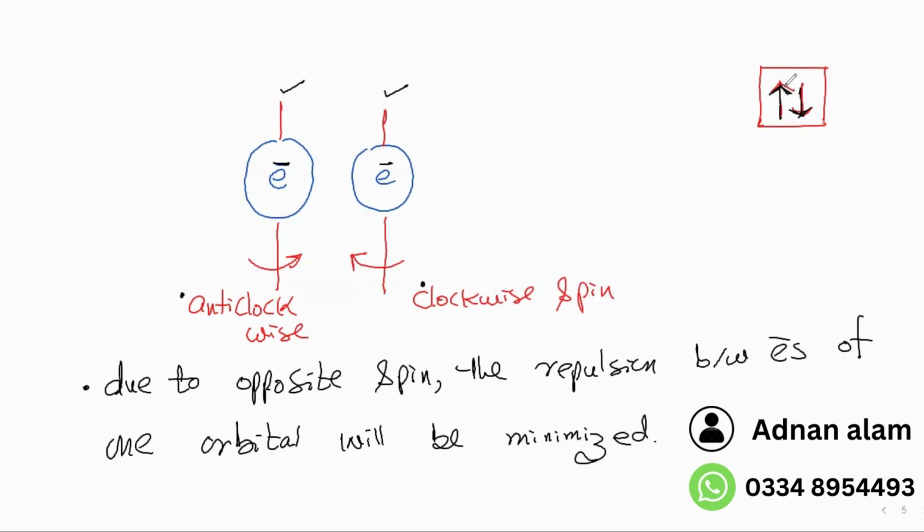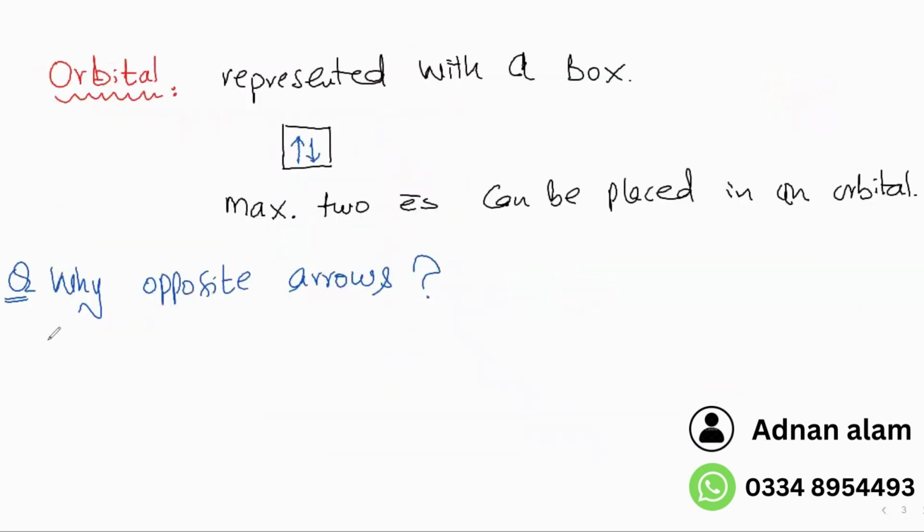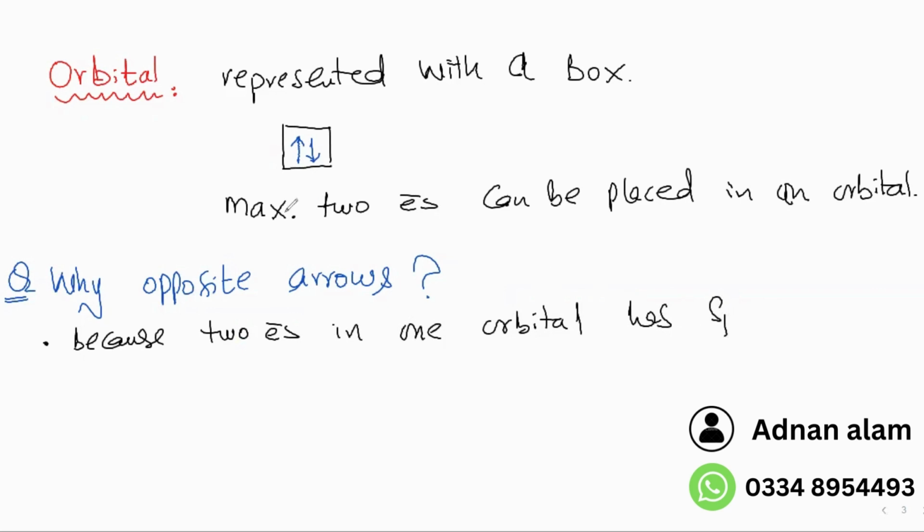These opposite arrows suggest that the two electrons are spinning in opposite directions. And why are the electrons spinning in opposite directions? They spin in opposite directions to minimize repulsion. So the answer to why opposite arrows is that two electrons in one orbital have opposite spin, or rotate with opposite spin.